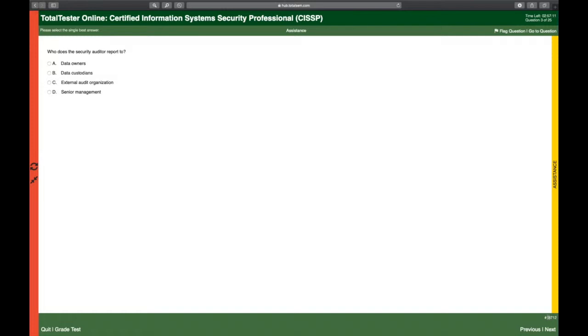I think D. Yeah, I was going for D. Last time we saw this one, we were back and forth between external audit organization or senior management. Just because it's an auditor does not mean it's an external auditor. It could be an internal auditor, and this question doesn't specify, so we selected senior management, implying that it's an internal auditor.